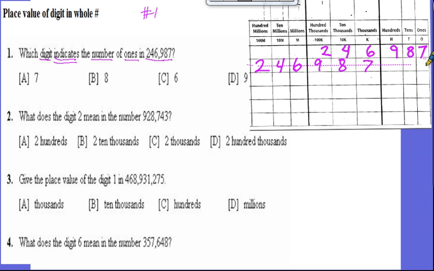Show me with your fingers, what's the digit that's in the ones place? What is the digit that's in the ones place? Jasmine. The digit that's in the ones place is 7. So, we found our answer. Our answer is 7.